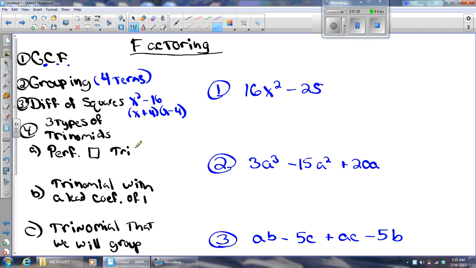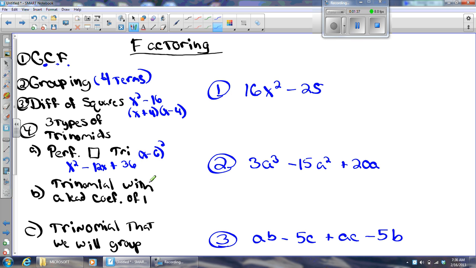Perfect square trinomial, when the lead term is a perfect square and the last term is a perfect square, and if the middle term is twice the product of the square roots, then it factors really easily, as the square root minus or plus the square root, depending on what the middle sign is, all to the second power.